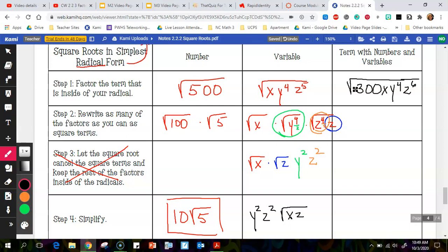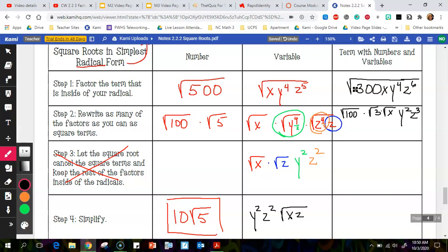Well, the square root of 300 can be written as the square root of 100 times the square root of 3, and we just say root 3 here. Root x can't be rewritten. The square root of y to the 4th can be rewritten as y squared. I already know that. I'm just going to divide the 4 by 2. The square root of z to the 6th can be rewritten as z to the 3rd.